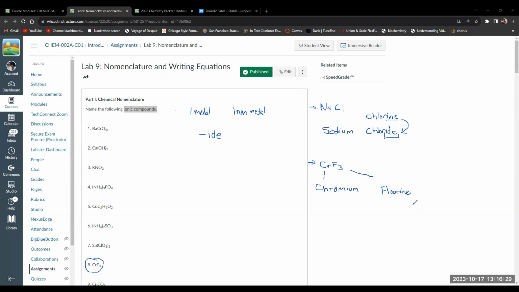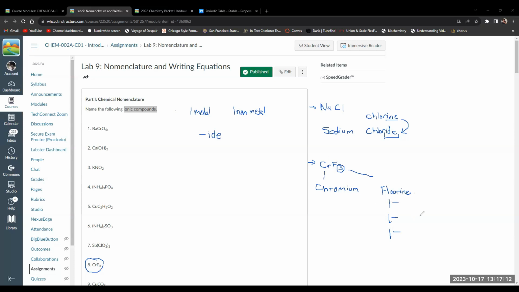So we know fluorine is what charge? 1 negative charge, and we have 3 of them, and we have a single chromium here.